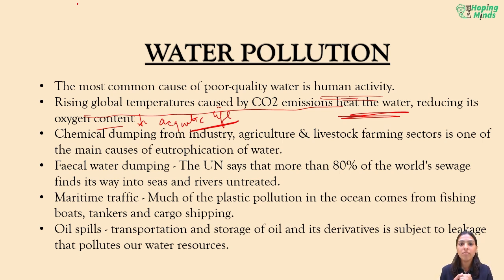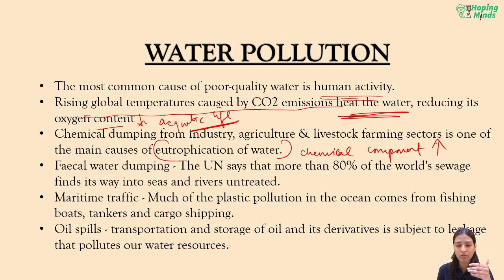Next, chemical dumping from industry, agriculture, and livestock farming sectors is one of the main causes of eutrophication of water. Eutrophication of water again means that a lot of chemical components are high, coming from industrial wastes.